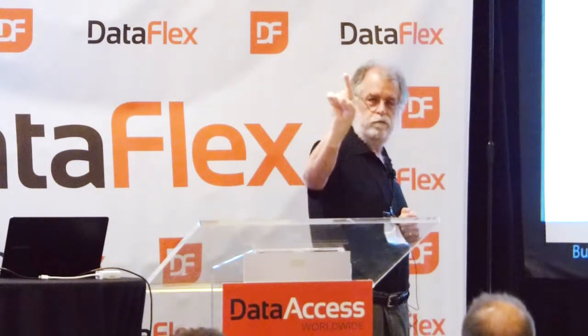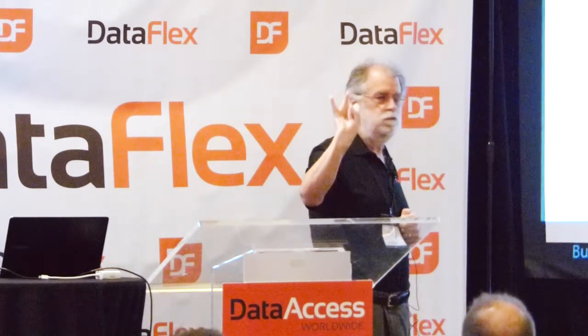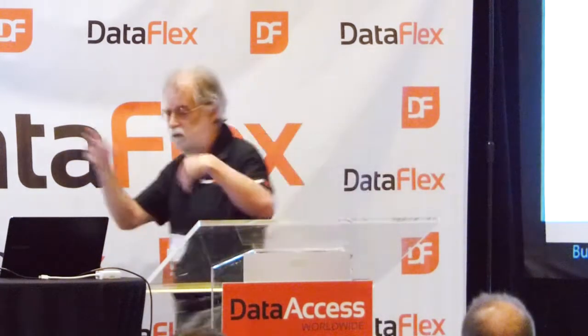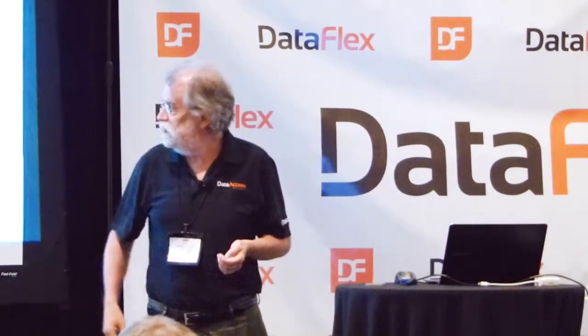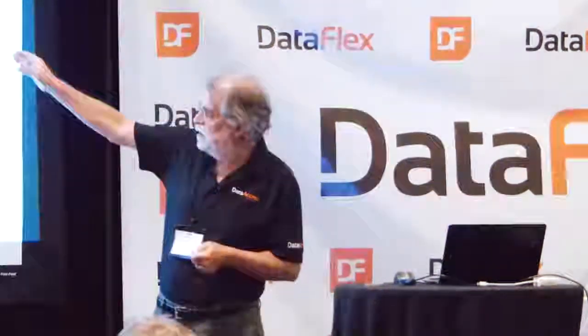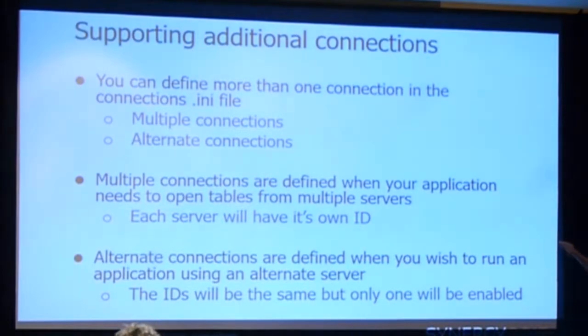It's enabled. The other 2 are disabled. But then you can change it so that another one gets enabled. It makes development very, very easy, and we'll show you how to do that in a second. So the difference here is that with multiple connections, you'll have multiple unique IDs. With alternate connections, it's the same ID, but only one will ever be active.